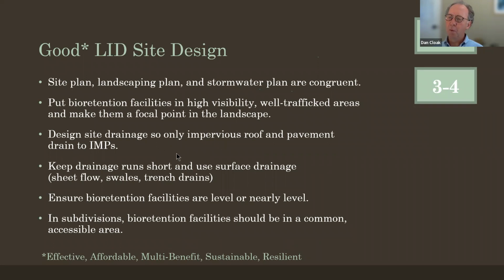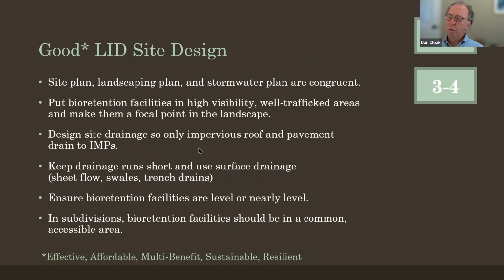And with LID, we're looking for a much more complex way of looking at site drainage so that landscaped areas are made self-treating and are not drained directly to bioretention facilities, and that where possible, impervious roofs and pavement areas are drained into landscaping informally, in a way so that it just infiltrates, using that 2 parts impervious to 1 part pervious maximum ratio.